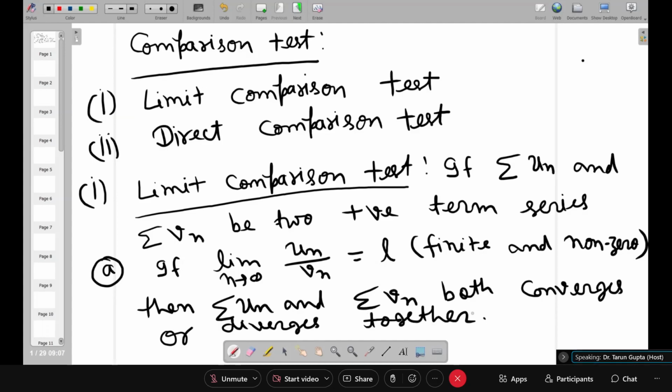Means if summation vn is a convergent series, then summation un is also convergent. If summation vn is divergent, then summation un is also divergent. This is the first part of limit comparison test.